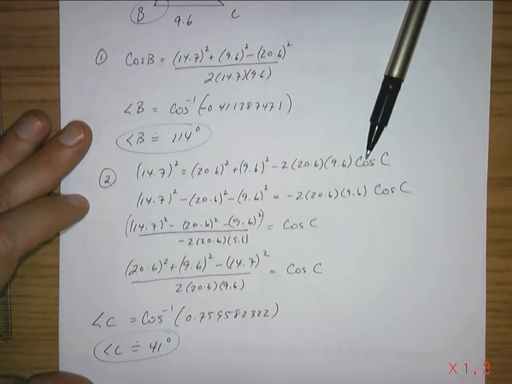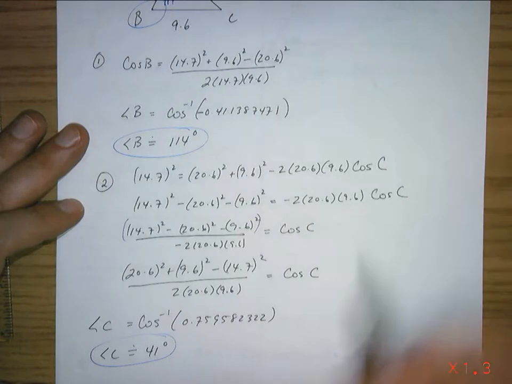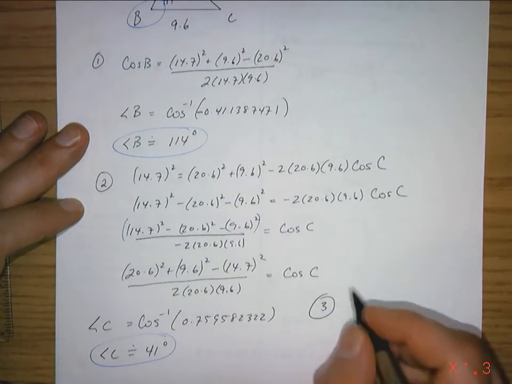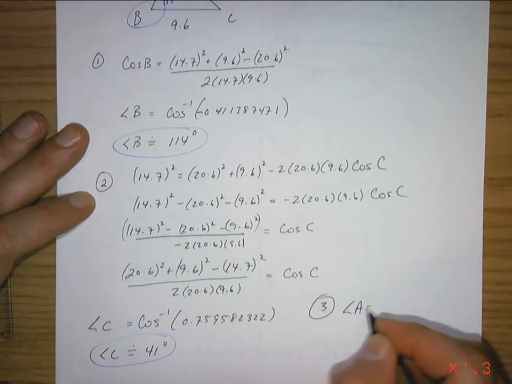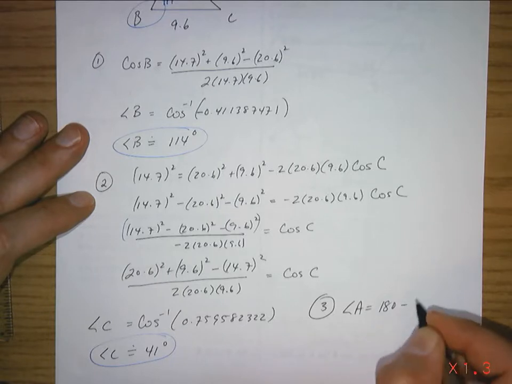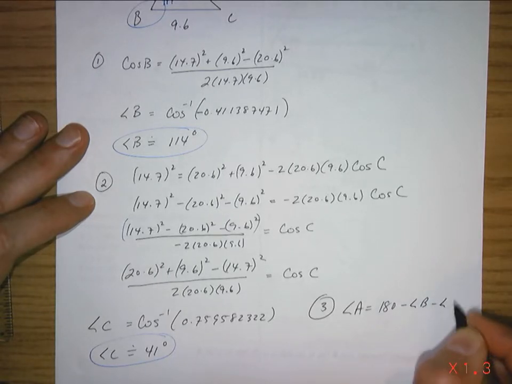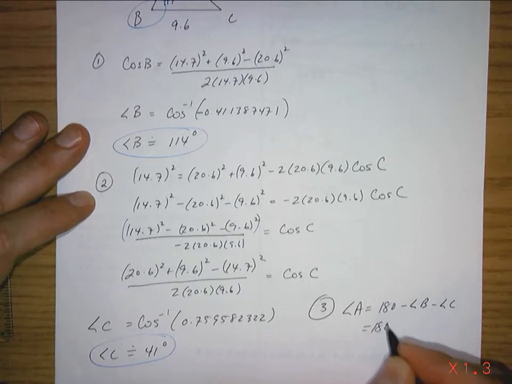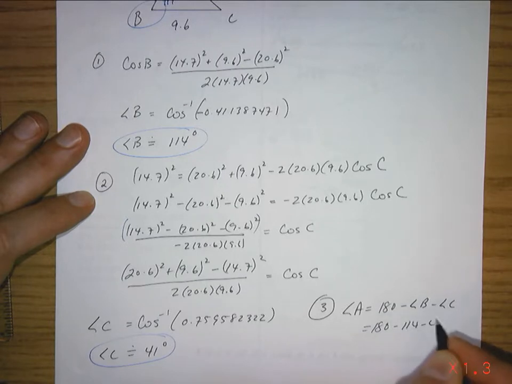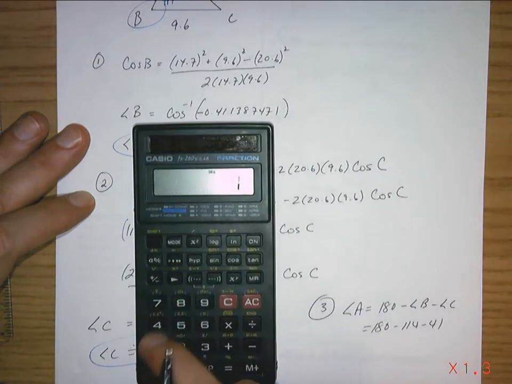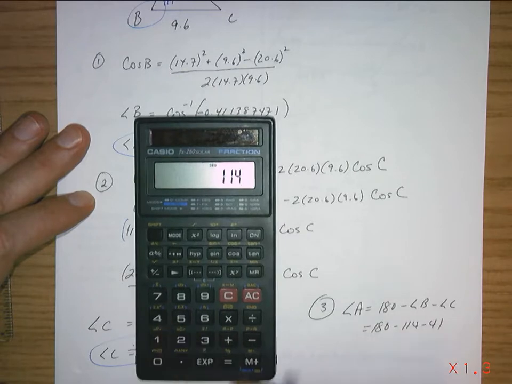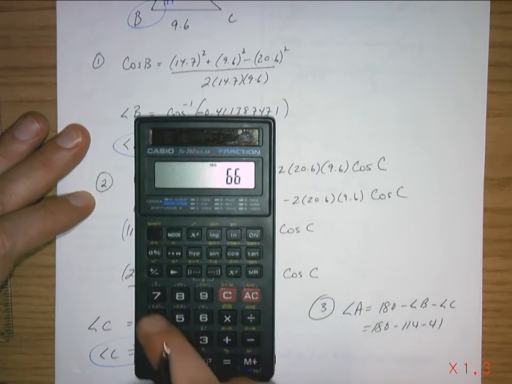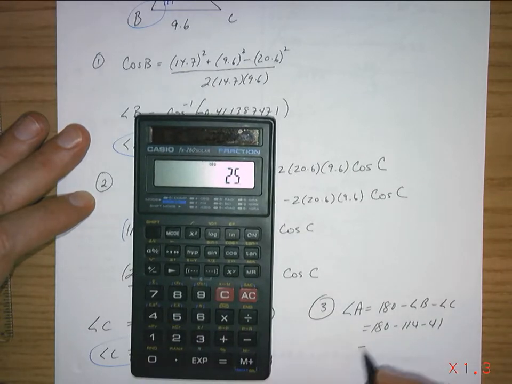Okay, so I've got 2 of the angles. The third angle, we're going to use ASTT. So angle A will equal 180 minus angle B minus angle C, which is 180 minus 114 minus 41, which is 25.